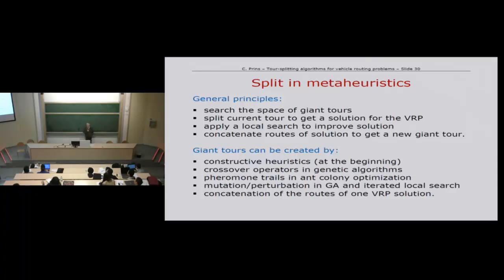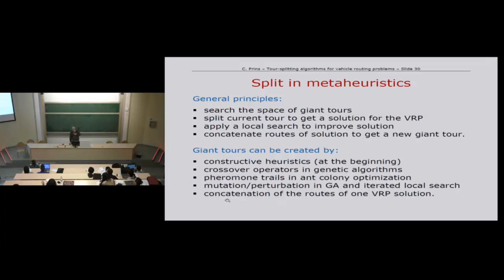So all the efficient metaheuristics for vehicle routing problems include a local search. Okay. And then once you have a solution, to go back to the space of giant tours, you concatenate the sequence of customers of each route to deduce a new giant tour.